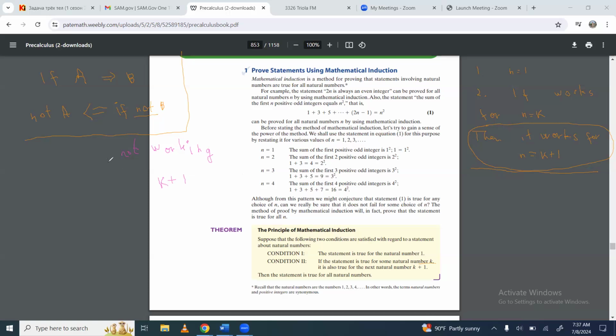So what we need to show then is not working for k, or for some less than k.